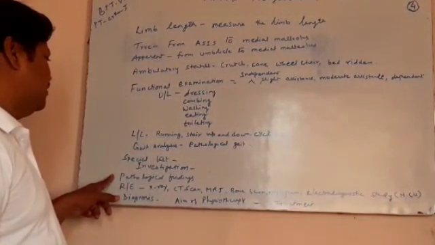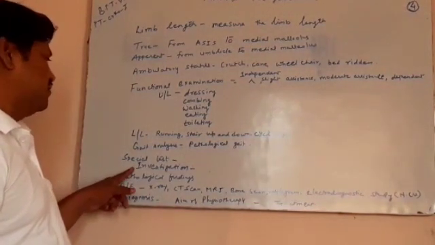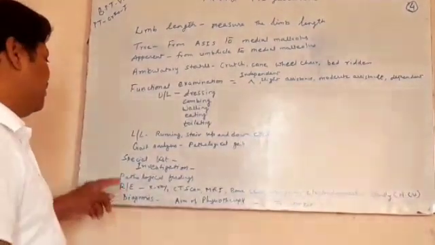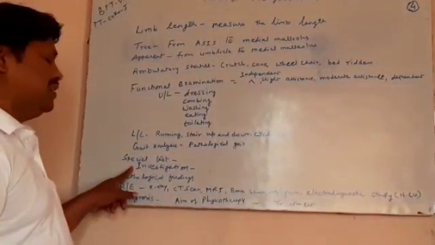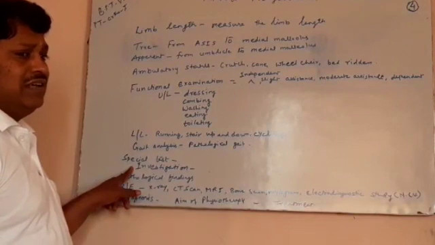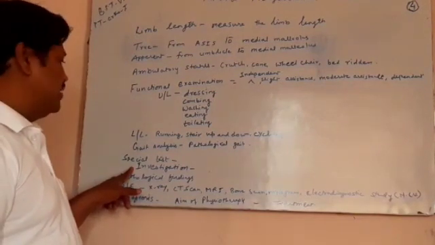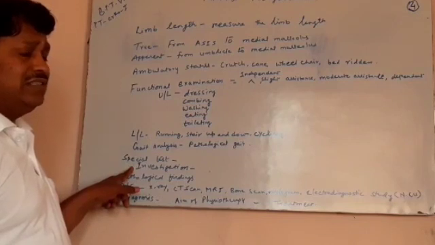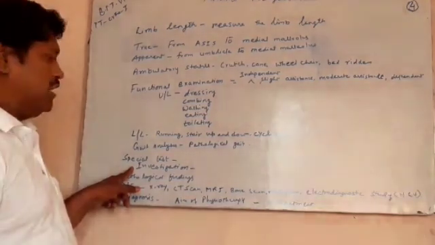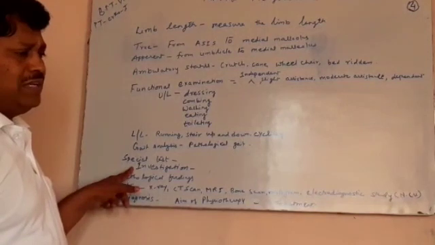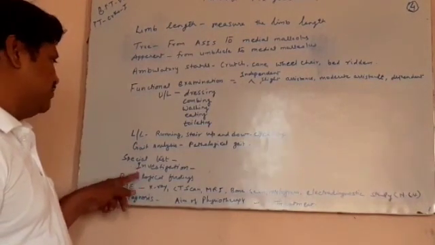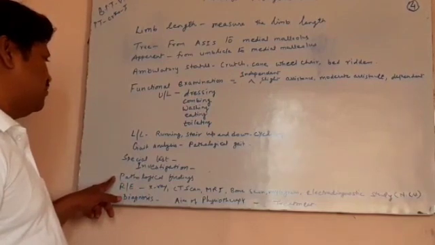Next one is investigation. We can ask the patient for investigation if any is necessary, and if he has the report of investigation we can see the report, and then we should mention the findings of the investigation. Next one is pathological findings.